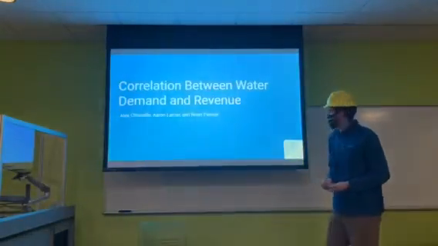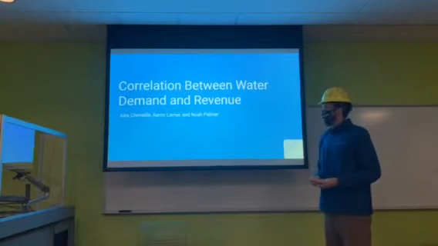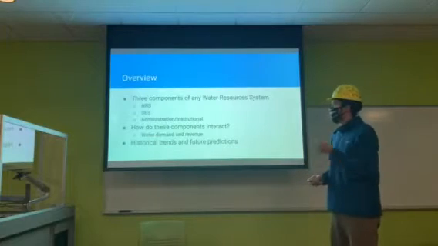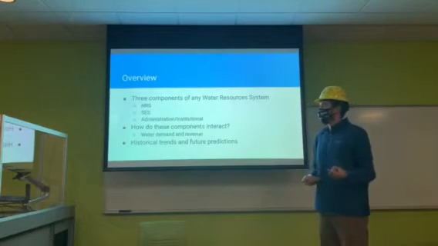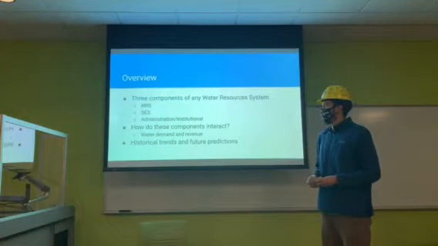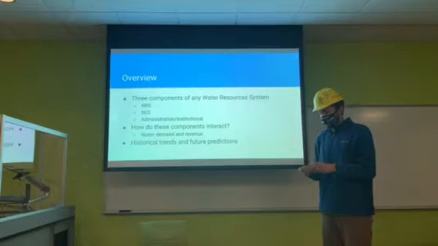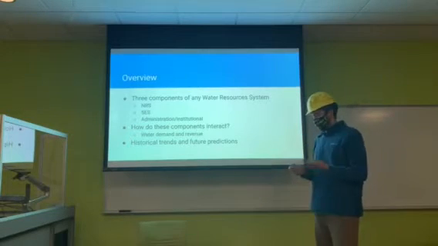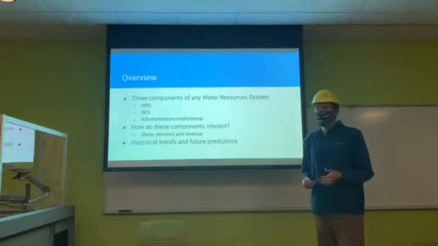All right, so this is our presentation on the correlation between water demand and revenue for the Springfield water system. A little overview. There's three components of any water resources system: NRS, SES, and the administration and institutional components. A little more specifically for the NRS system, these can consist of reservoirs, hydropower facilities, watersheds, or distribution pipes, anything that has to do with water infrastructure.